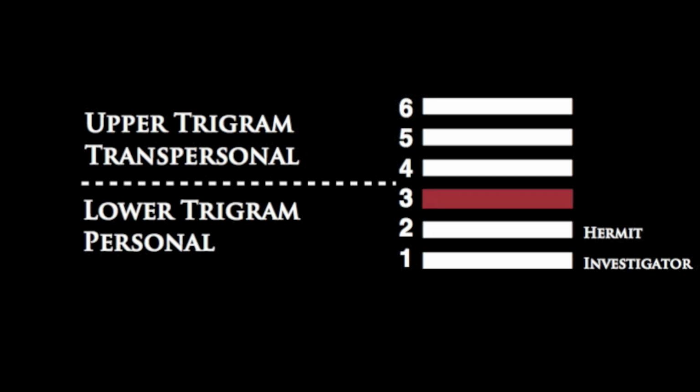Now, when we get to the third line, you could say it's a bit more kinetic. It's on a staircase or a ladder that's going up to the second floor, because you've got the first floor, which is the lower trigram. The second floor is the upper trigram.